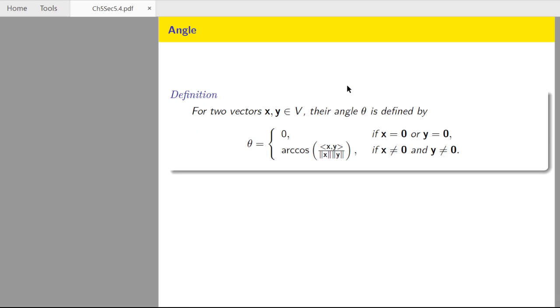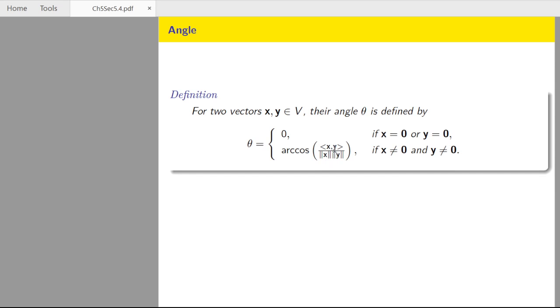So here's the definition. We consider two vectors x and y in the inner product space V. We define the angle theta by this notation. If either x or y is 0, then the angle we take as 0. If both x and y are non-zero, then the angle theta is defined as the arc cosine of this quotient.